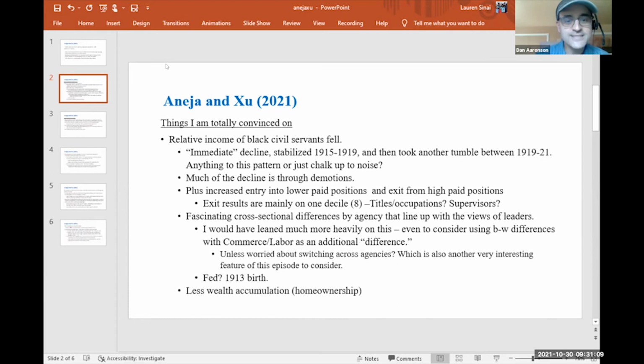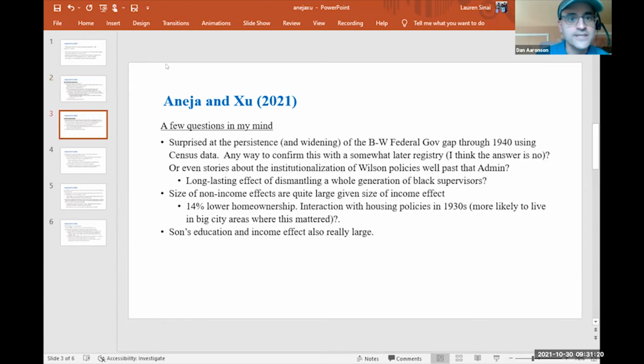And then the last thing that they talked about with regard to the civil servants that were actually impacted was this effect on home ownership, which is also really neat and long lasting. Okay, so I want to say that the effects that they're finding are really big. Pretty much across the board, especially once you get beyond income.